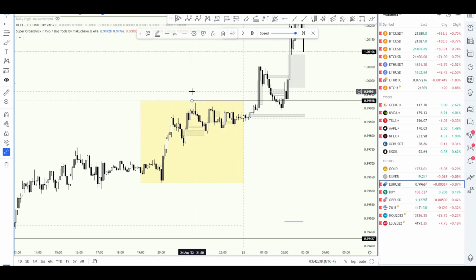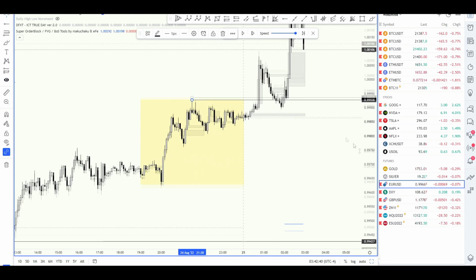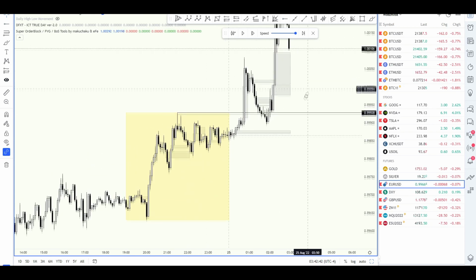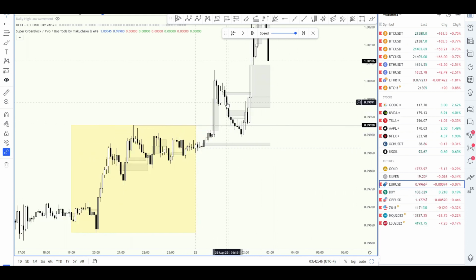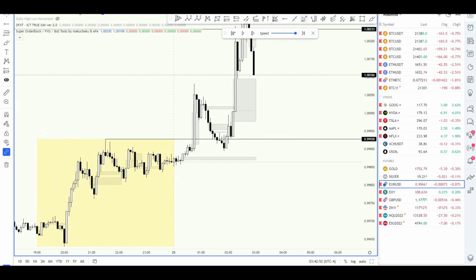And we can see we have a liquidity is grabbed. And I would argue that this is a break of structure. But I do really think that the guy that showed the strategy would say that this is a market structure change.